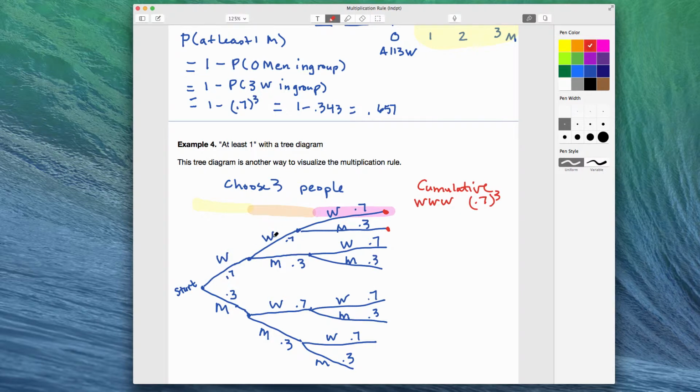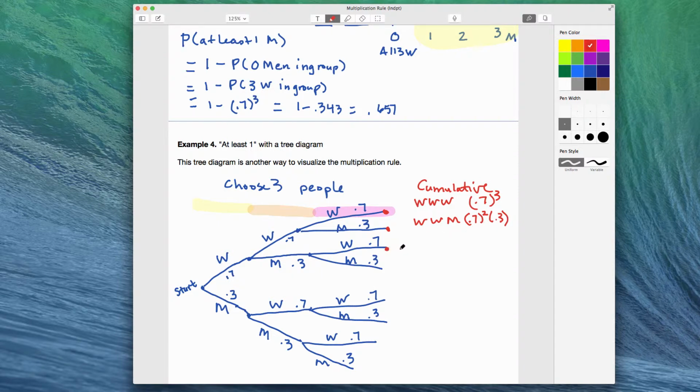So that was woman, woman, man. So the probability of getting that exact pattern would be 0.7 squared, and then at the very end was your 0.3. Now I'm not doing the multiplication here. I'm kind of running out of room, but you get the idea of what you would do for multiplication.